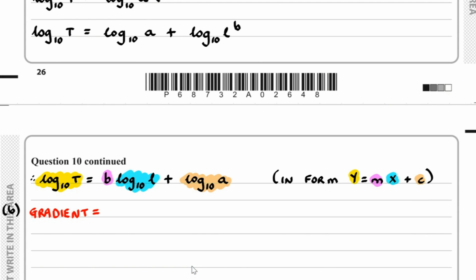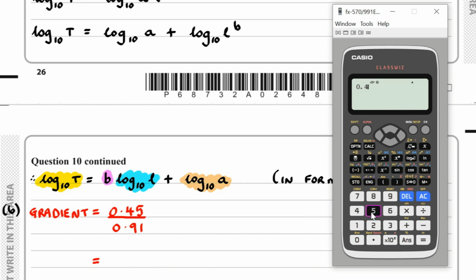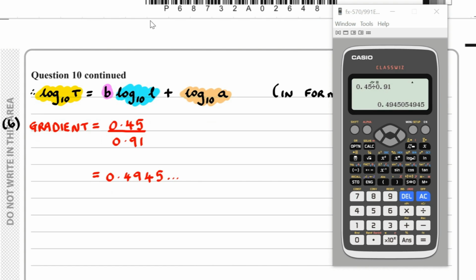So the gradient is 0.45 over 0.91, and working this out, we get a value of 0.4945, etc. And therefore, b is equal to 0.495 to 3 significant figures.